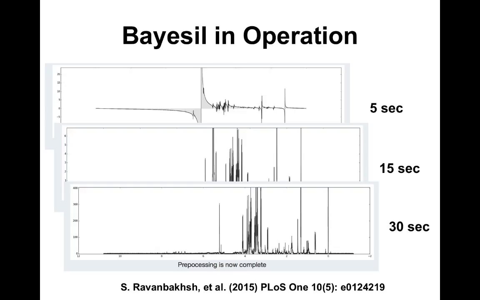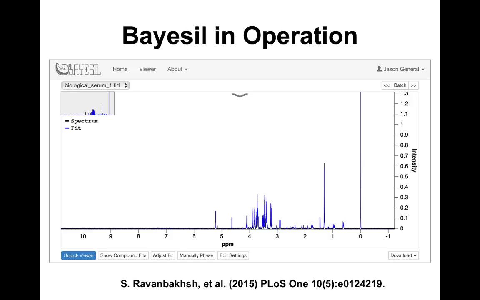This is something that normally is done manually by most NMR people, but this system is able to do it automatically. And then deconvolution will take about another 3 to 4 minutes. And in the end, the spectrum is produced like this. If you look closely, you can see there's a black spectrum, but there's also a blue fit to the spectrum. The blue fitting is the deconvolution.